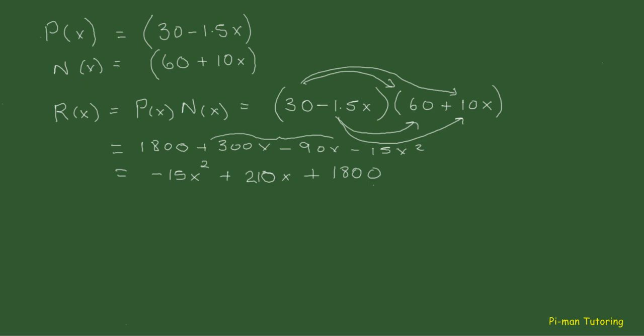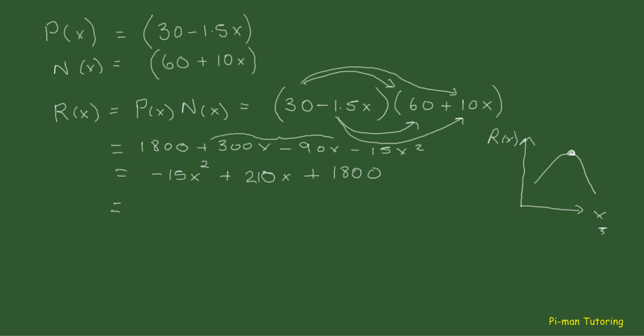So there's my quadratic function. I've got x as the number of price reductions by 1.50, and I've got the revenue as a function of x. It's got a negative coefficient, so it's doing something like this, and we are trying to find the maximum revenue. So we need to put this into vertex form, and we know how to do that.